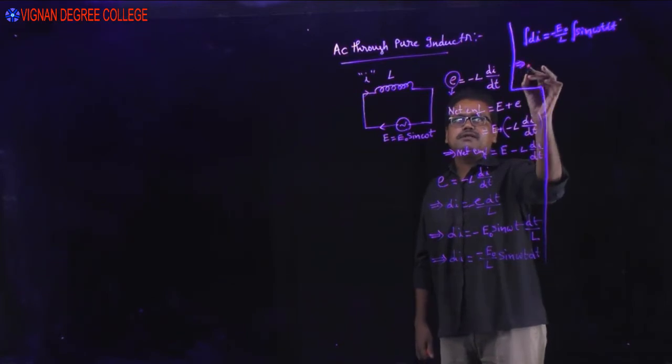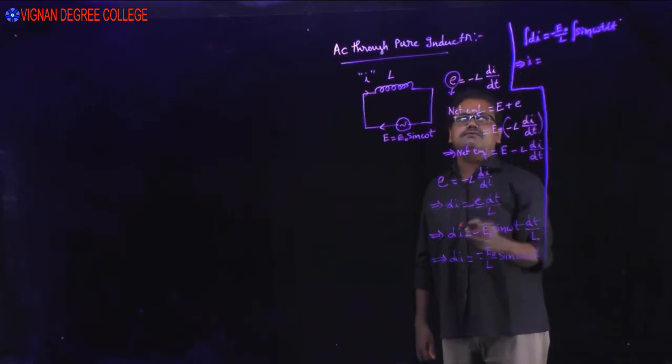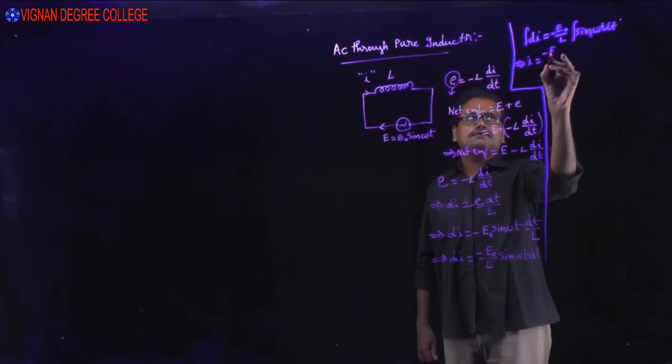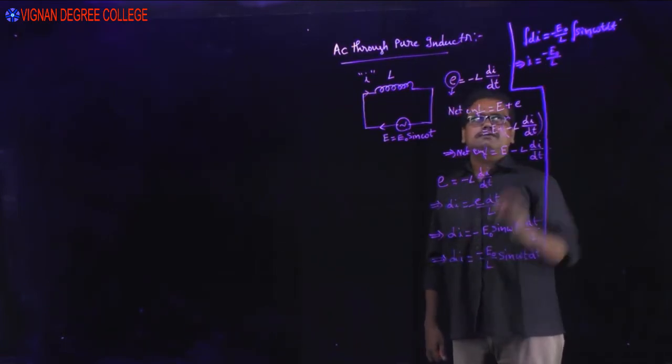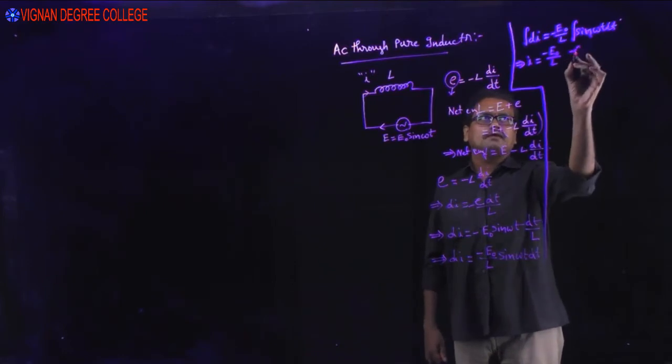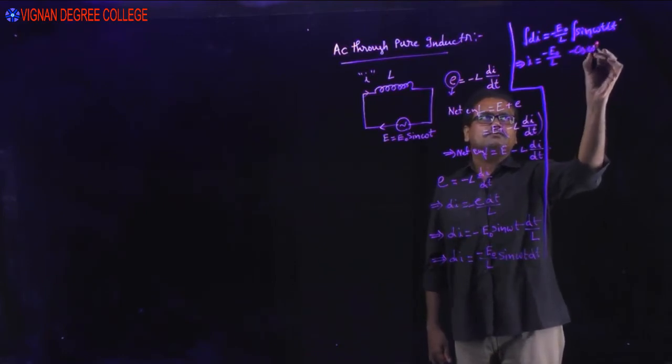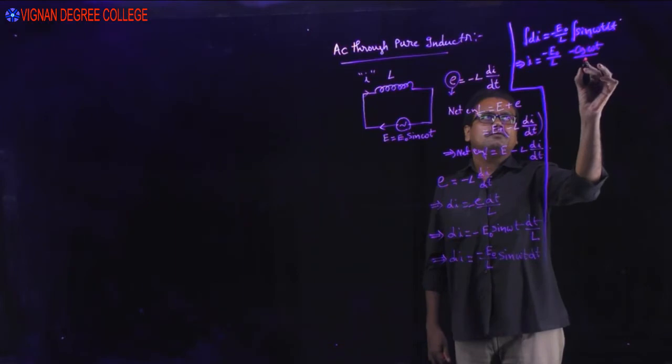Integral di means I is equal to minus E naught by L. Integration of sin is minus cos omega t by omega.